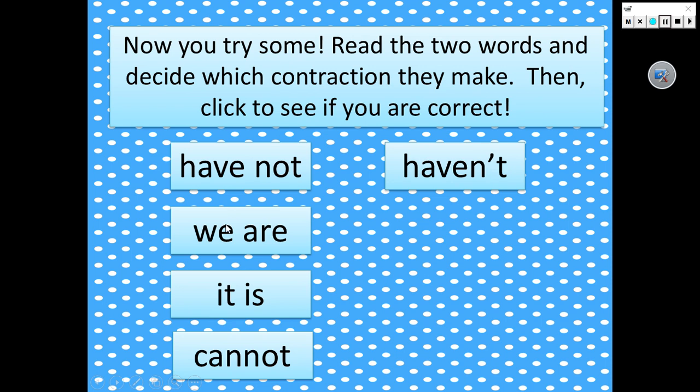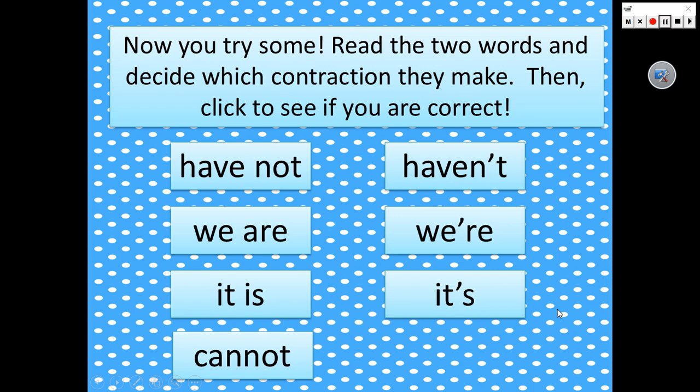The next words are we are. So instead of saying we are going outside, you could say we're going outside. Shorter and quicker. The next example is it is. So the contraction that goes with it is it's.